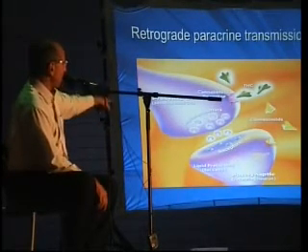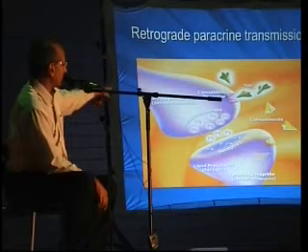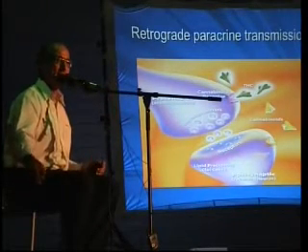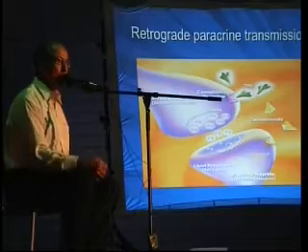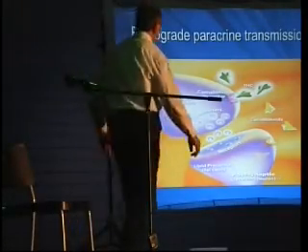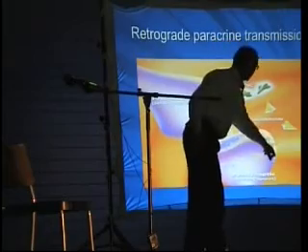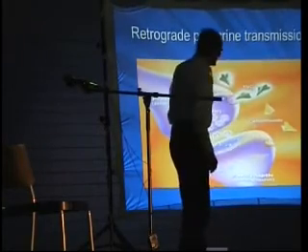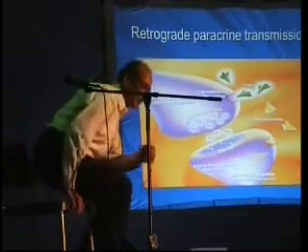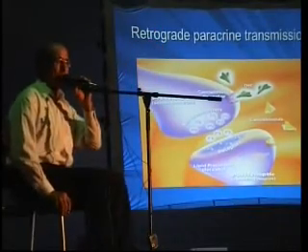Those neurotransmitters jump across the synaptic cleft to the postsynaptic bulb there, and they exert an effect. But what the endocannabinoid system does, I'll just get up and show you this. It actually starts at this end and it feeds back to regulate the production of something else. So the system is actually running backwards.